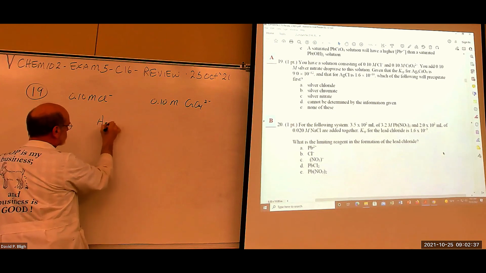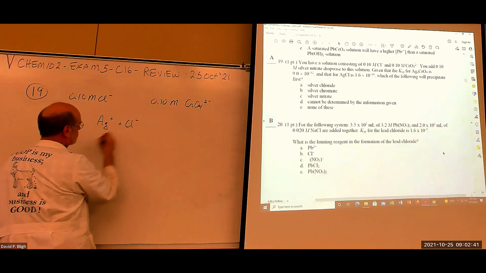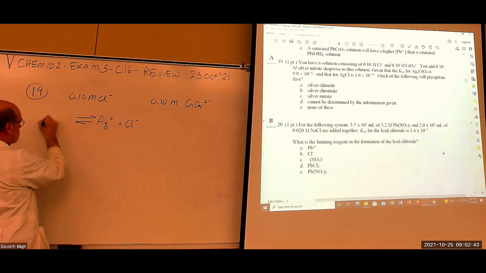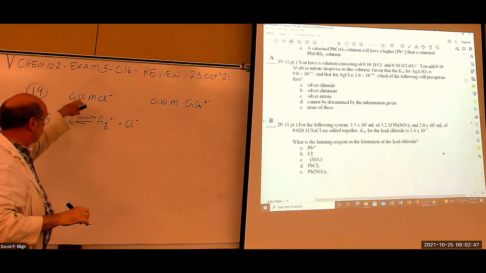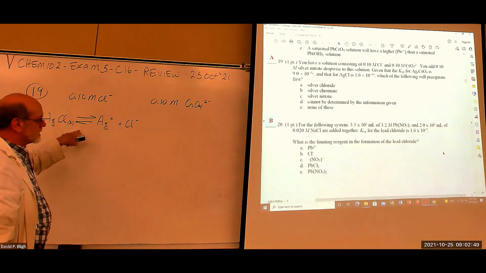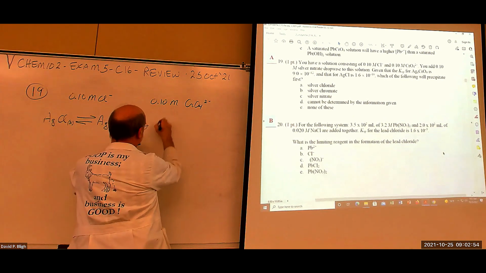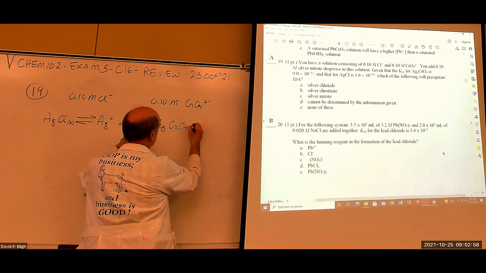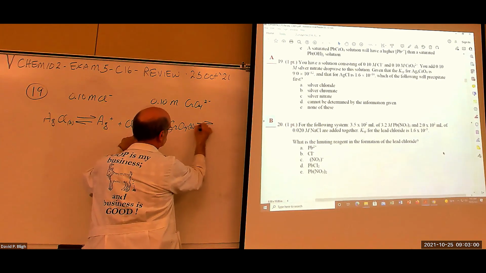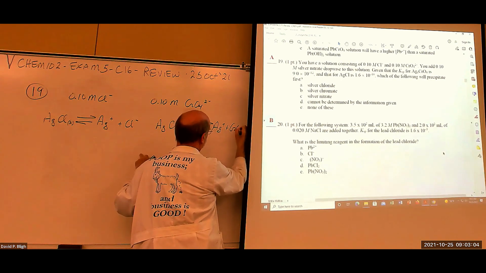So in this case, silver plus chloride yields this one. That's the solubility we want to investigate here. This one, we want silver chromate solid, and it's going to yield silver and chromate.